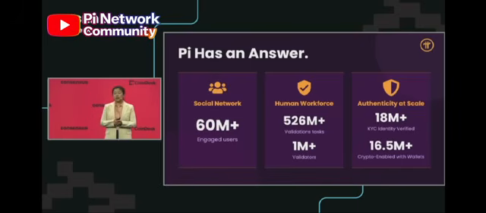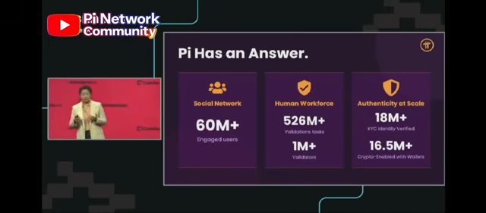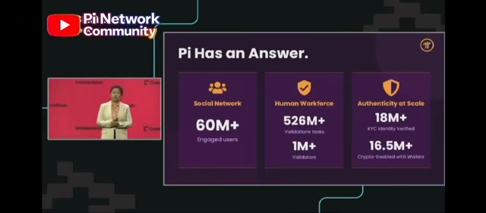This was done in the context of the Pi KYC solution, which uses AI and also human validation to verify over 18 million users in the network. This large distributed human workforce is a proven and active labor force that can potentially provide a lot of processes, such as human in the loop in the AI.